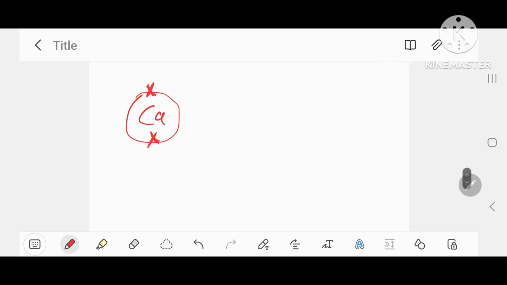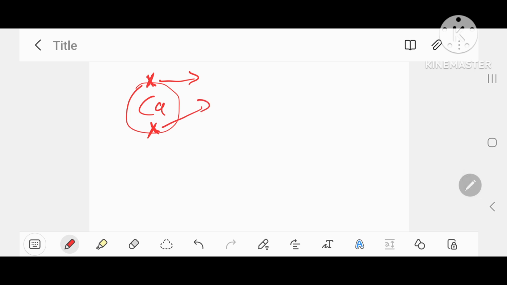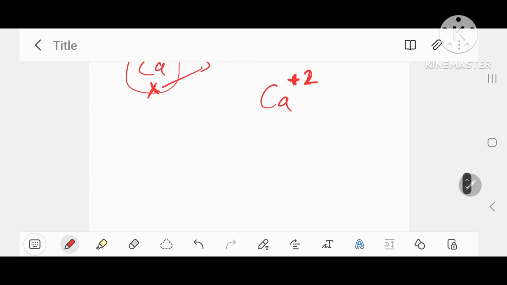Rather than gaining 6 electrons, it would rather get rid of these 2. Okay, so it will now have a stable configuration. It'll have stable inner shells. So the calcium is now stable because it gets rid of 2 electrons. So we write it this way, Ca plus 2. It's given away 2 electrons and now has an overall positive charge, okay?